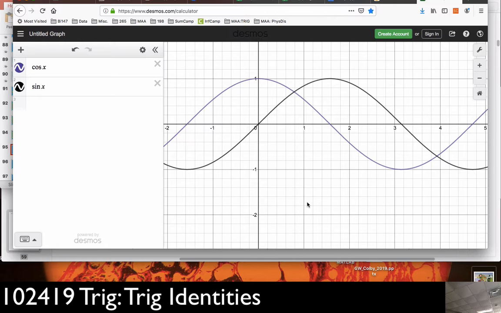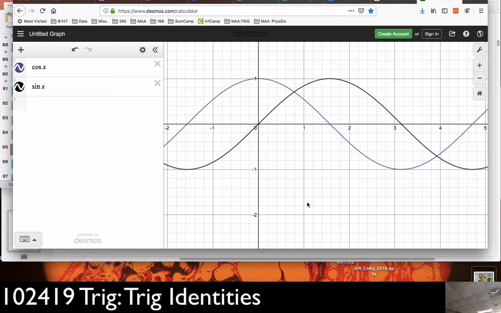So what we want is the sine of whatever's in here to equal minus 1. The sine of x, we'll say plus or minus some amount. We'll just say plus, equals minus 1.